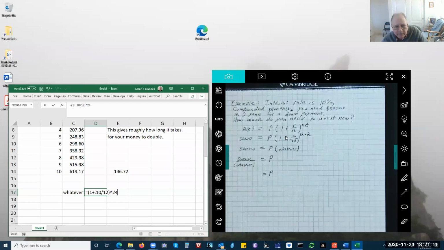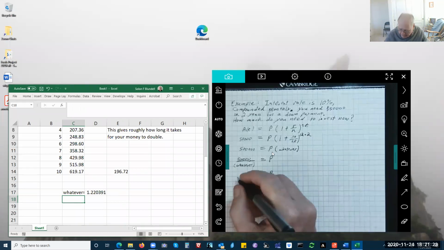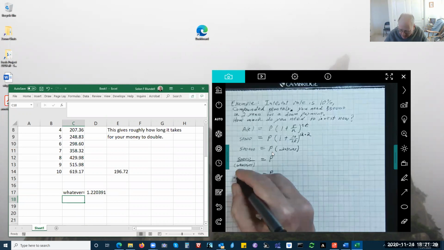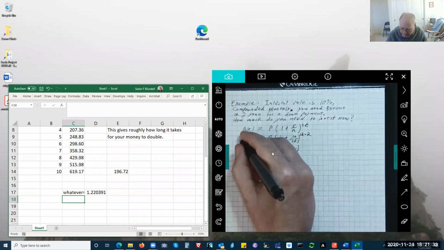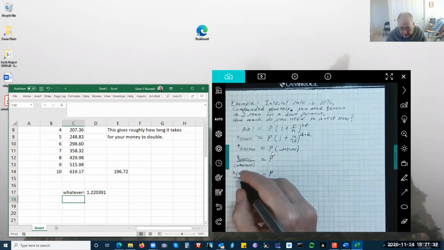So I'm just doing this piece right here. You can see that. So it was my $50,000 divided by about 1.22.